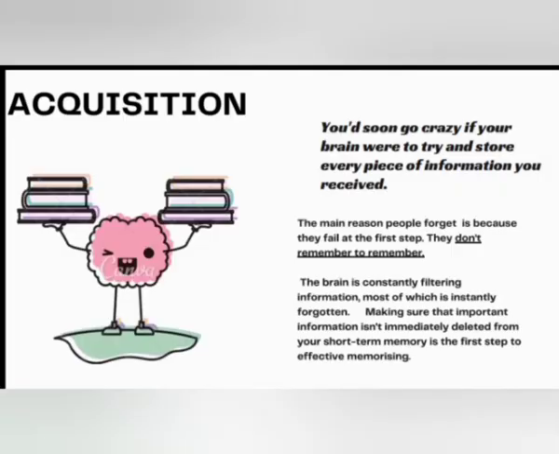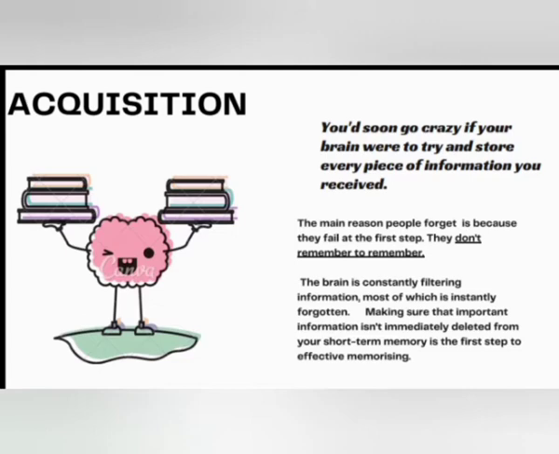The first one on our list is acquisition. We know that it's impossible for our brain to retain every single piece of information it comes across every day, and so our brain is constantly filtering information that comes across its way.